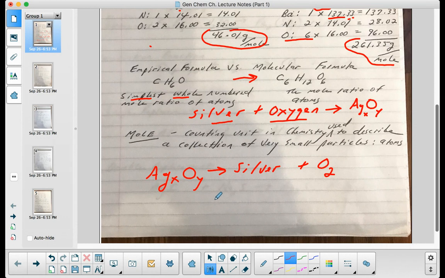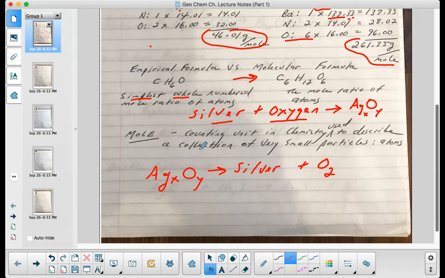Based on your charges becoming your opposite subscript with the crisscross method that we learned during nomenclature, you could probably figure out what this ratio would be just by using that method. But you have to prove it quantitatively with the lab data that you're going to get from a video.